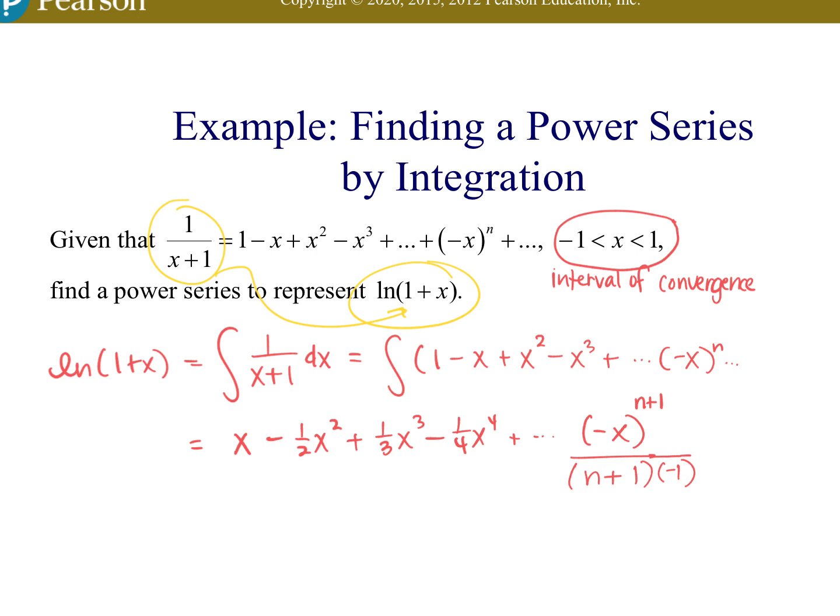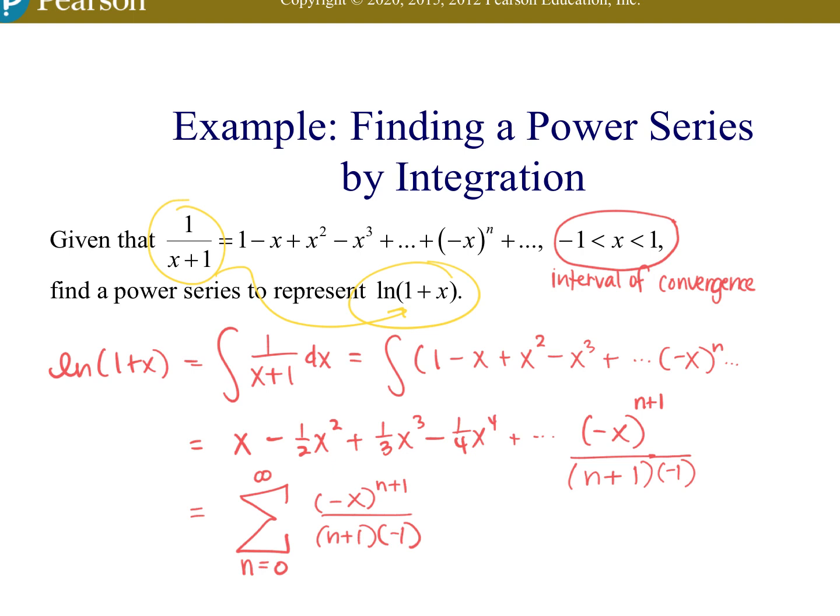In other words, the sum of negative x to the n plus 1 divided by n plus 1 and negative 1, as n starts out from 0 to infinity. And what can you claim about the convergency property of what you just found?